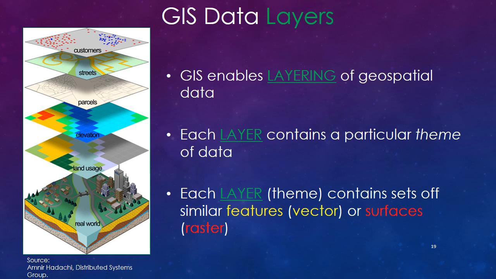In fact, the terms layers and themes are essentially synonymous in a GIS context, although the latter is used less frequently than the former. Because all geospatial data have an explicit connection to a particular location in geographic space, we can overlay data that correspond to the same particular location.